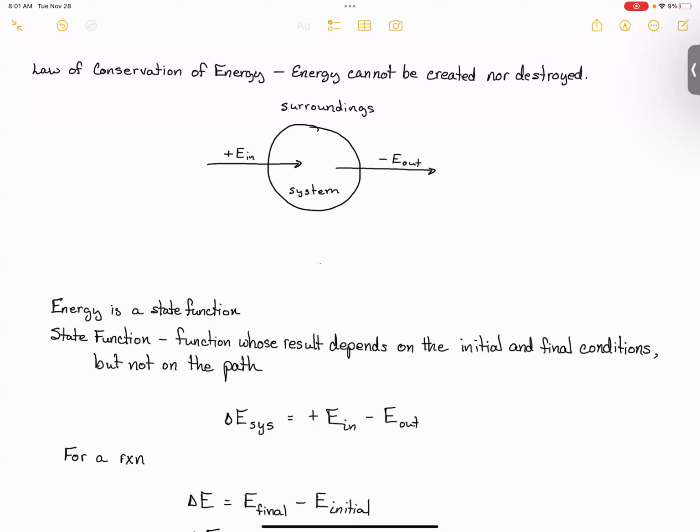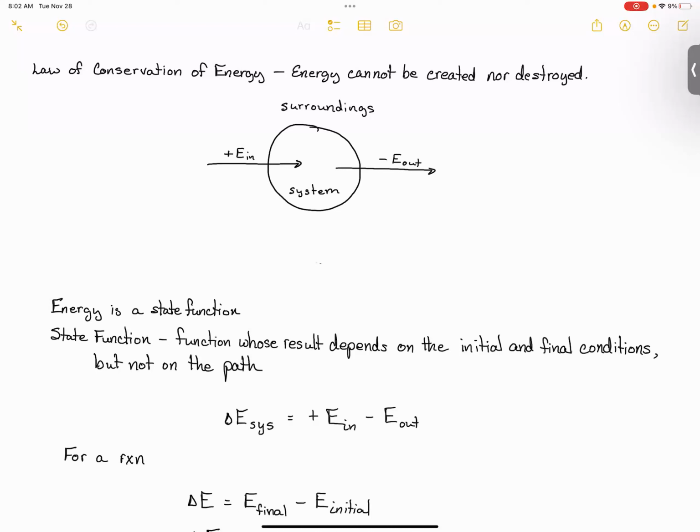Now, when you add energy into the system, it's going to have a positive sign because the system's energy is going to increase. If energy leaves the system, it's going to have a negative sign because the system's energy is going down. So the sign does not mean positive or negative like it does in a typical mathematics course. What it does is indicate directionality.